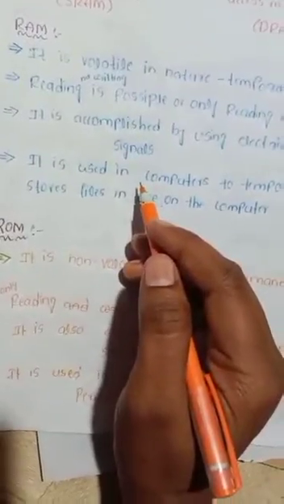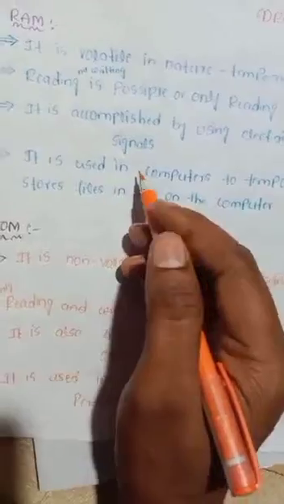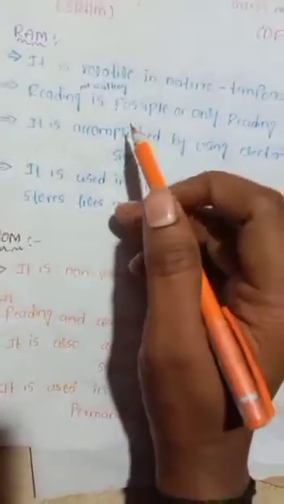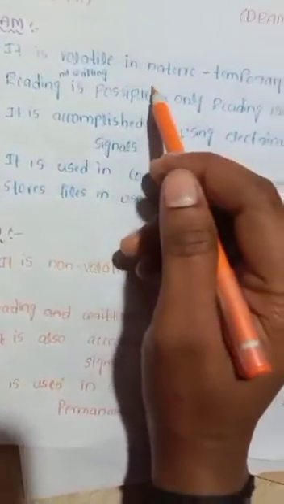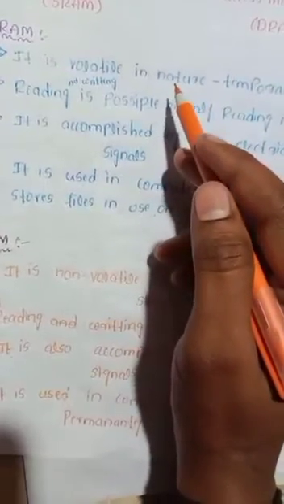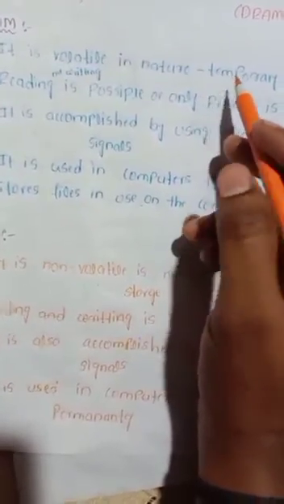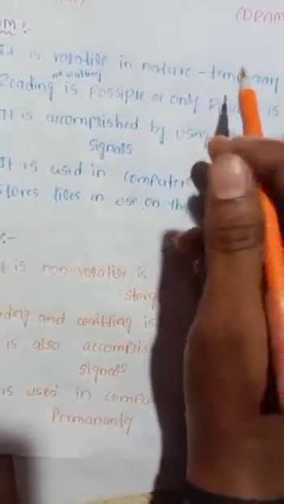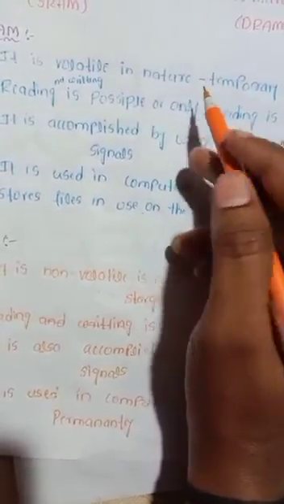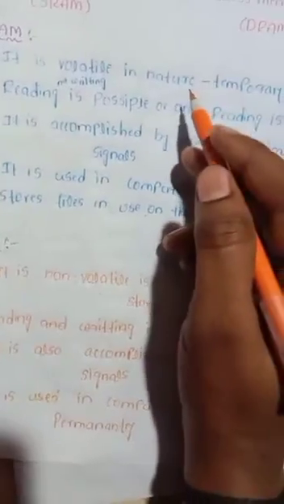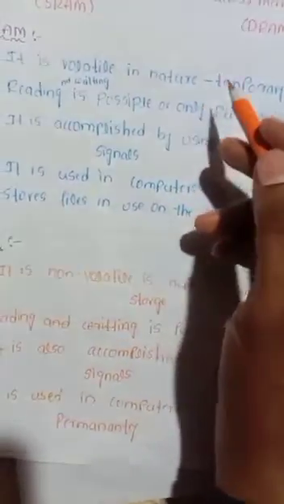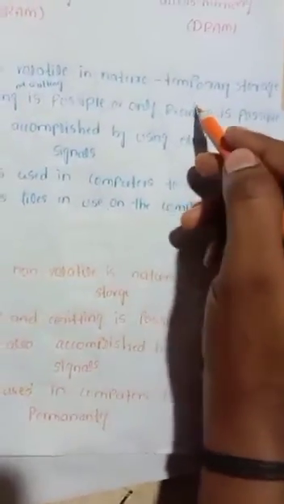The random access memory, generally we call it RAM. It is volatile in nature. The word volatile means whenever the power is off, the data stored in memory is removed. I.e., the RAM stores the data temporarily.